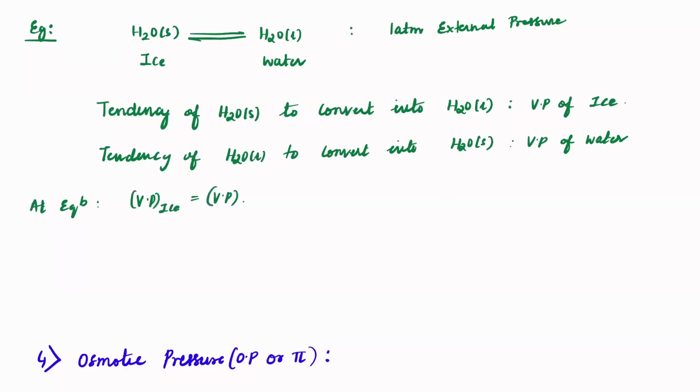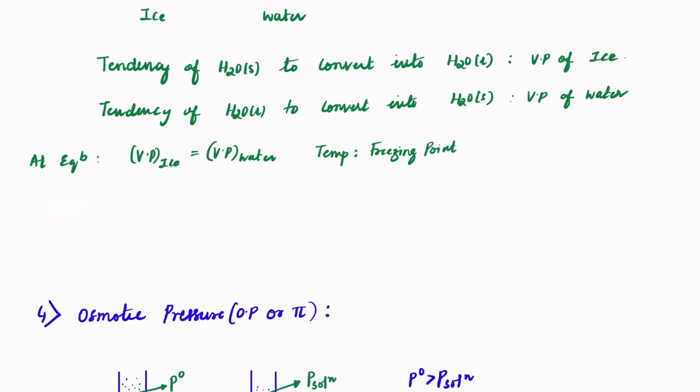That means the tendency to convert in both directions should be the same. Then we say equilibrium has been reached. The temperature at which this equilibrium is attained is called the freezing point temperature. Correct? This is the actual definition. Clear, everybody?